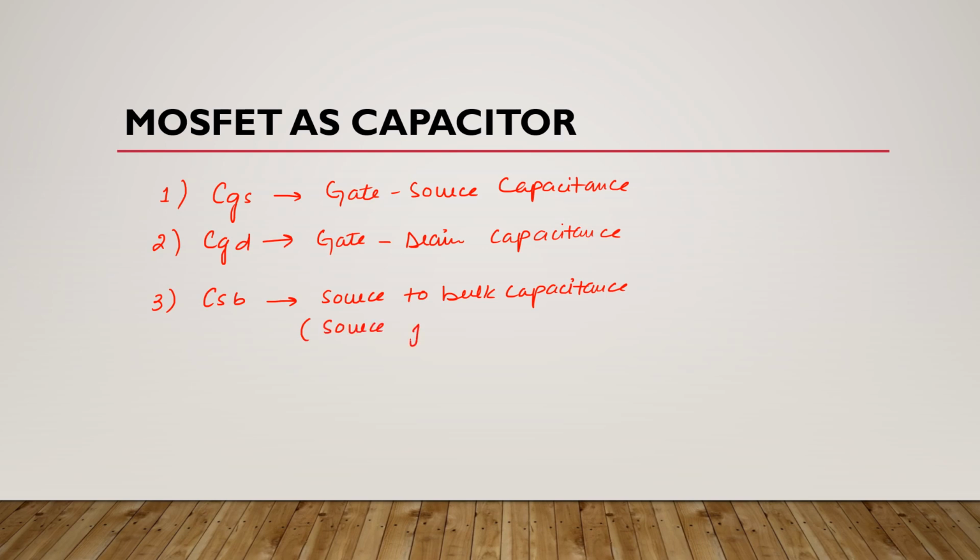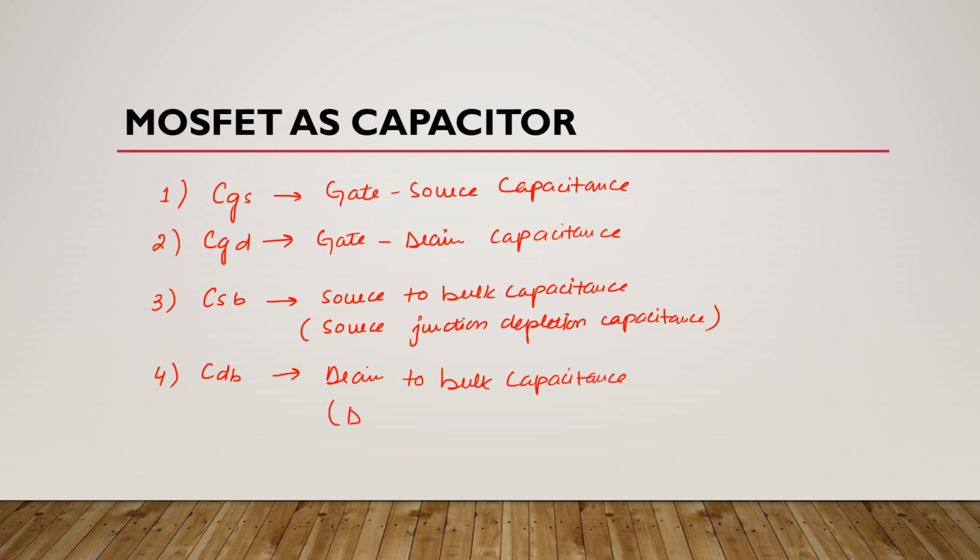source junction depletion capacitance. And fourth type of capacitance is CDB, which is drain to bulk capacitance, and it is also called drain junction depletion capacitance.